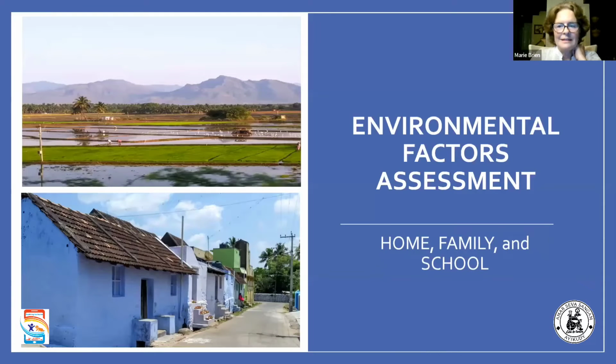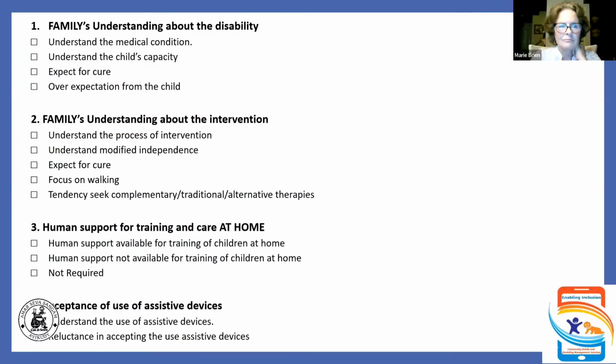So let's look at the environmental factors assessment that we use within the EI app, and it looks at home, family, and school. So I'm sharing with you some of the environmental factors assessment that we look at. And first we look at the family in the home. The questions that we look at include the family's understanding about disability.